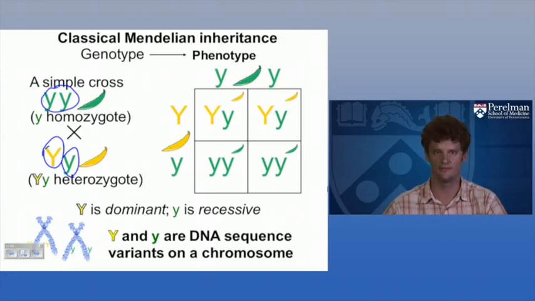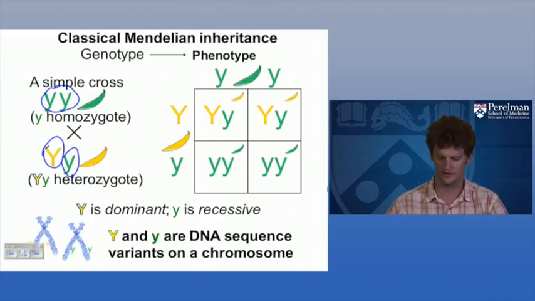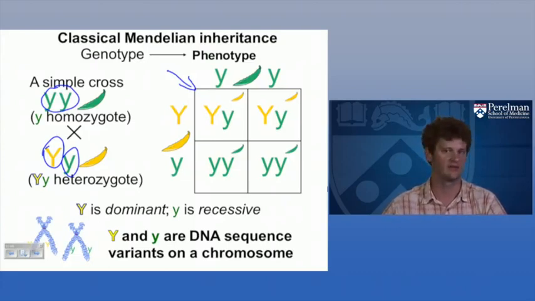And the simplest way to follow these is through a Punnett square. If you have a cross between, for example, little y and big Y, then each of the progeny is going to get one allele from each parent, and in most cases that is going to be a random choice for each parent.